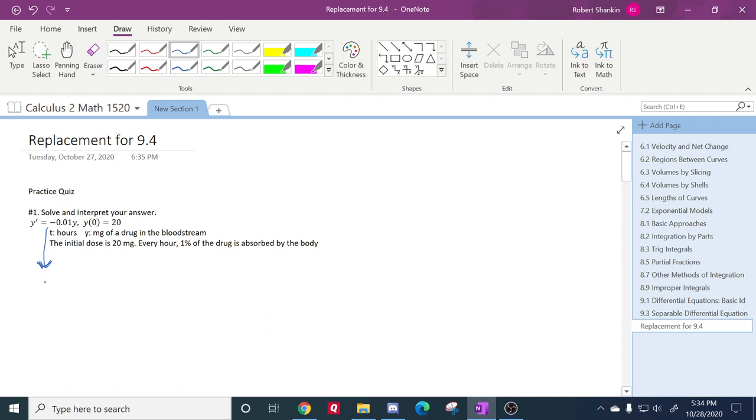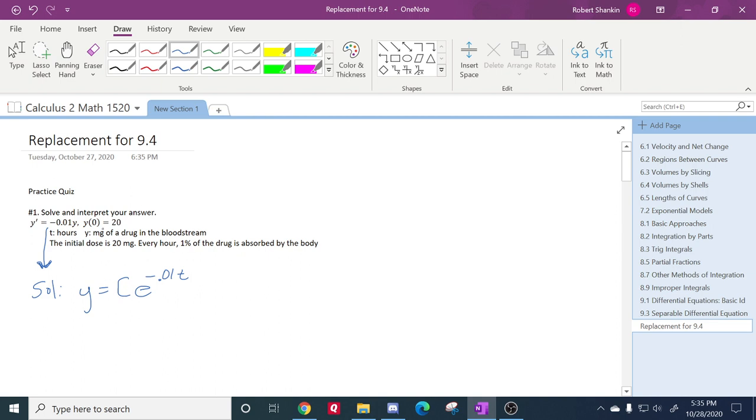And that function is, the solution is y equals e to the negative 0.01 t. Because if I take the derivative of that, I get itself, times an extra negative 0.01. And then it can have any constant out front, c. Plus c doesn't work, but times c does work.